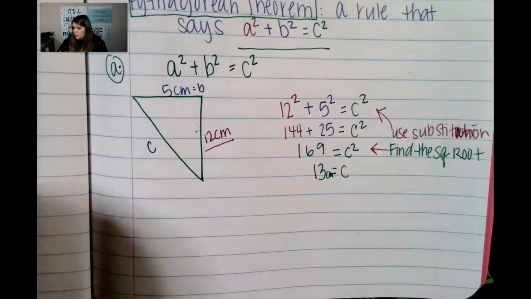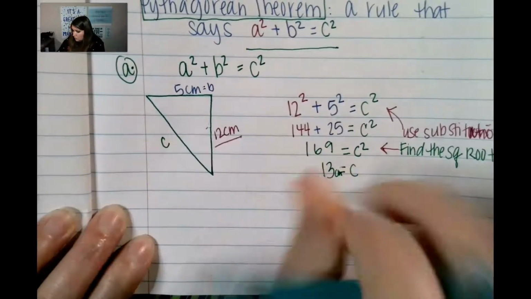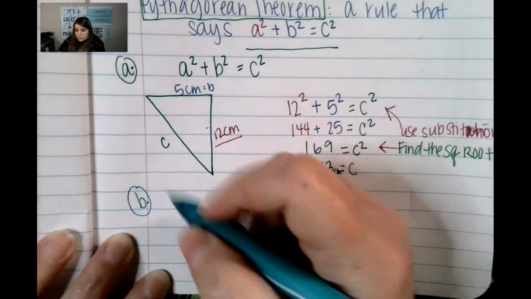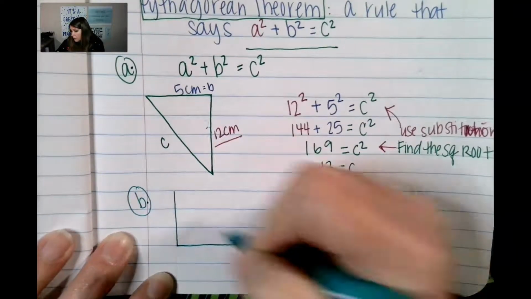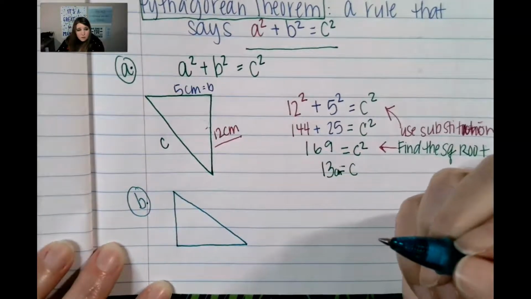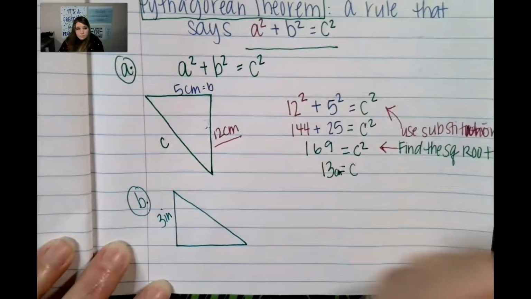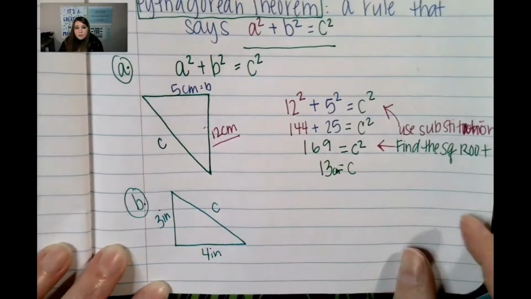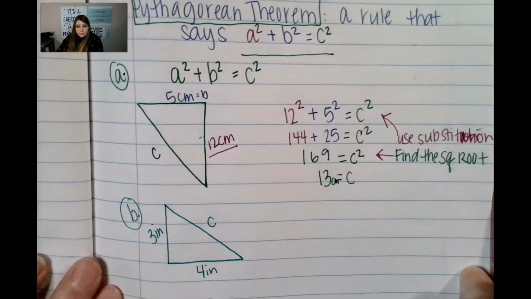Let's do example B. Example B says that we have one length here, one length here, and then we have the hypotenuse. So this leg is 3 inches, this leg is 4 inches, and then we're looking for letter C.